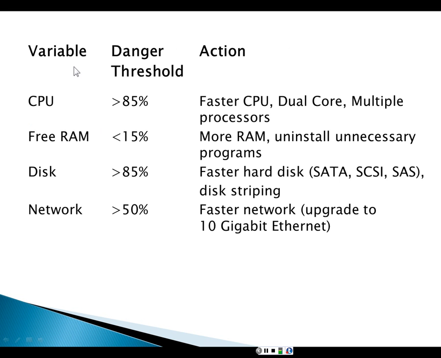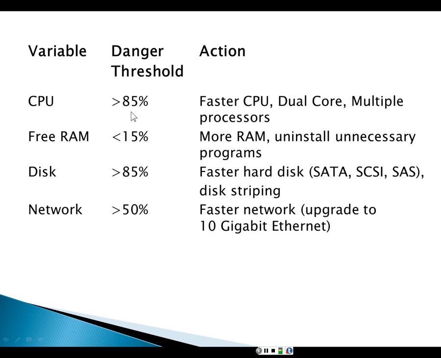So in general, we have three general variables which we measure. And each variable has a danger threshold, and then there is an action that we might take to satisfy that danger threshold. For example, if CPU utilization is greater than 85%, that is considered a danger threshold.